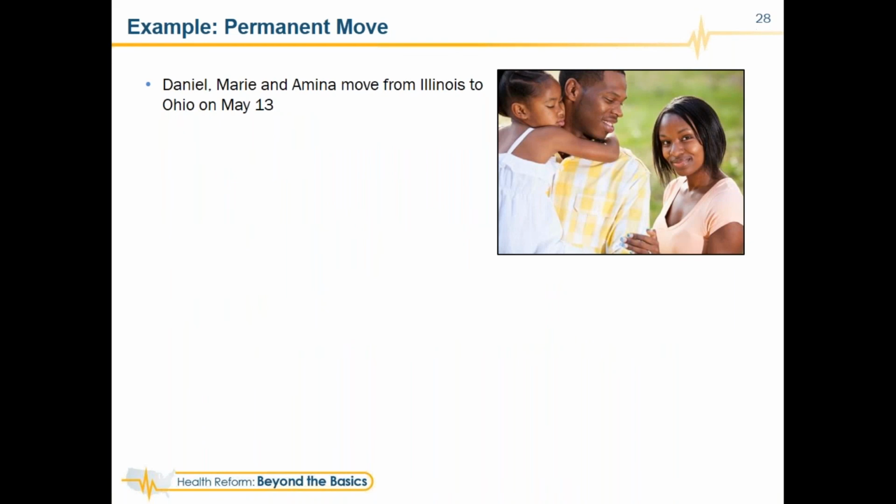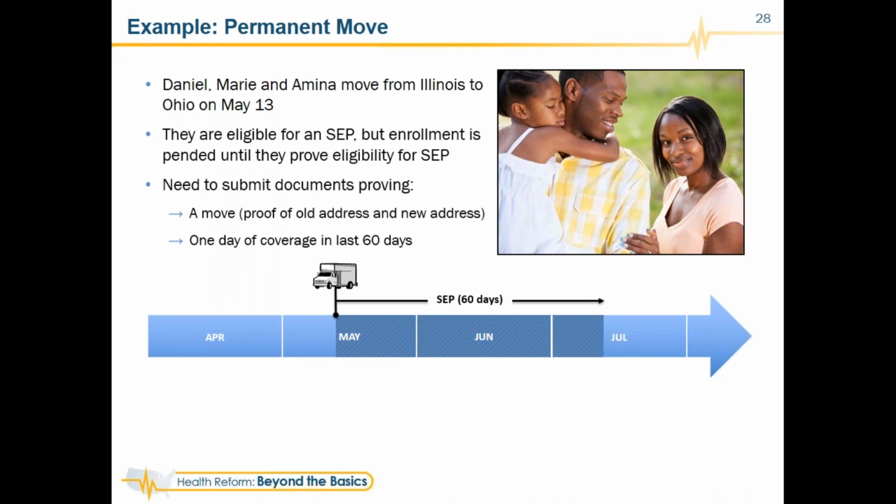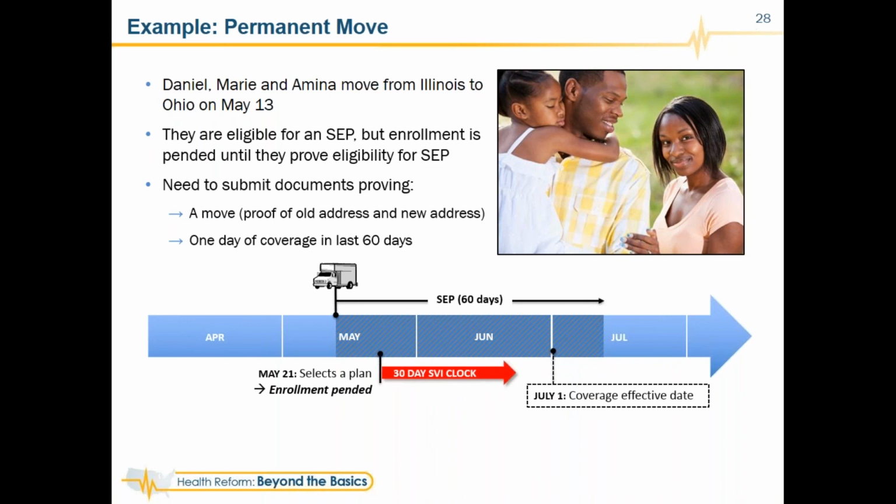Okay, so let's look at an example. Daniel, Marie, and Amina moved from Illinois to Ohio on May 13th. They are eligible for an SEP, but enrollment is pending until they prove eligibility for an SEP. They need to submit documents proving a move, which would have to prove both the old address and new address, right? 1 day of coverage in the last 60 days also needs to be proved.